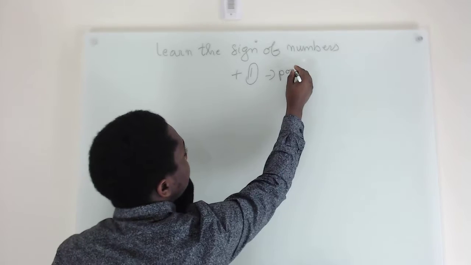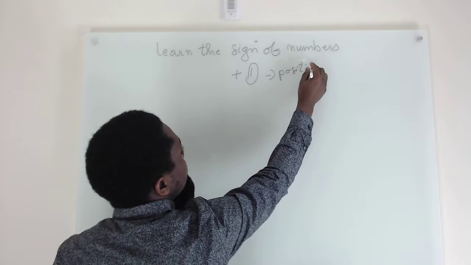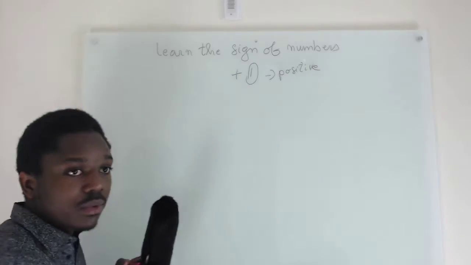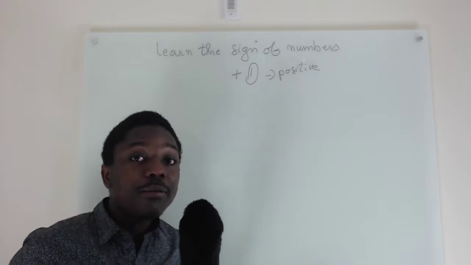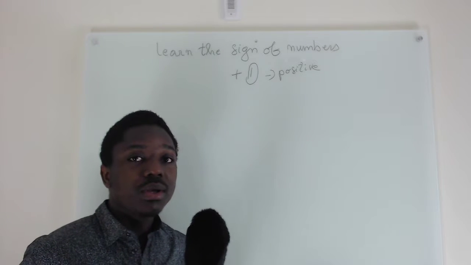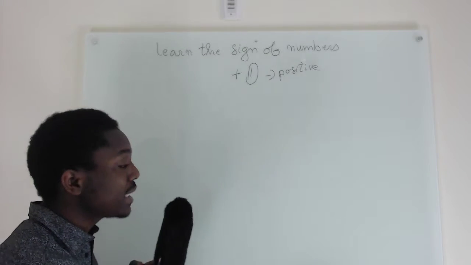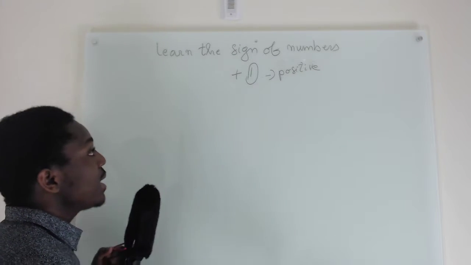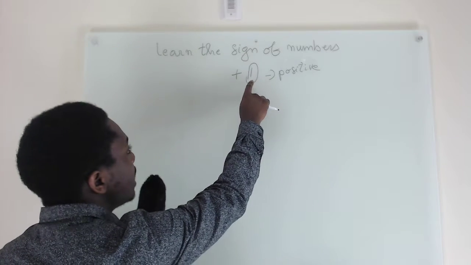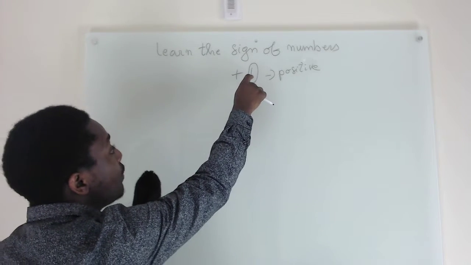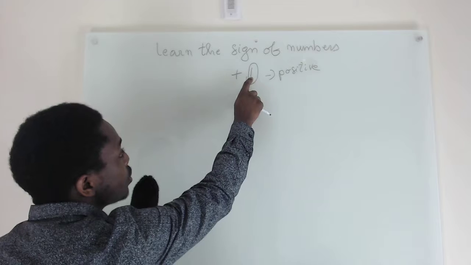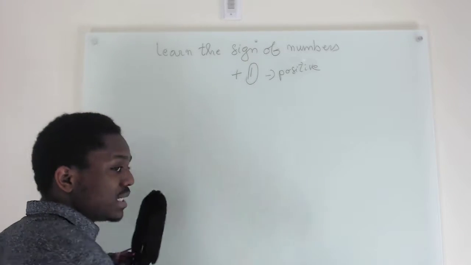Positive. The sign of any real number is located on the left side of that number. That's why the sign of the number 1 is positive.